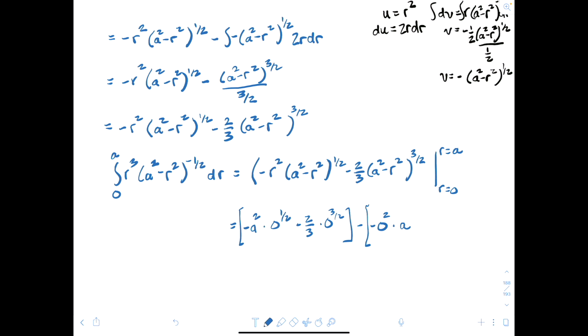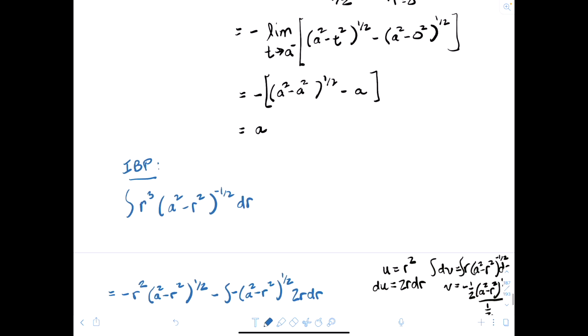And then minus 2/3 times a cubed, because that will have a squared to the 3/2, which will be a cubed. Groovy? All right, cleaning that up, the whole first part zeroes out, and we end up with a positive 2/3 a cubed for that part. Groovy?